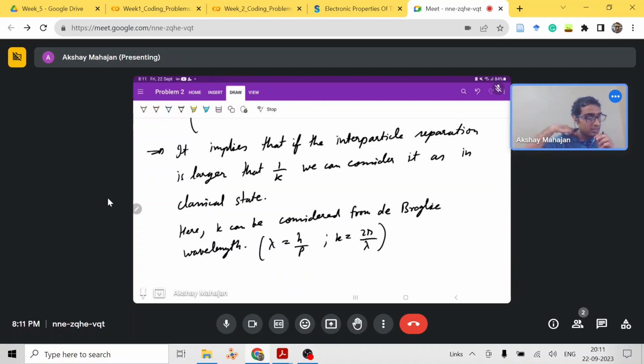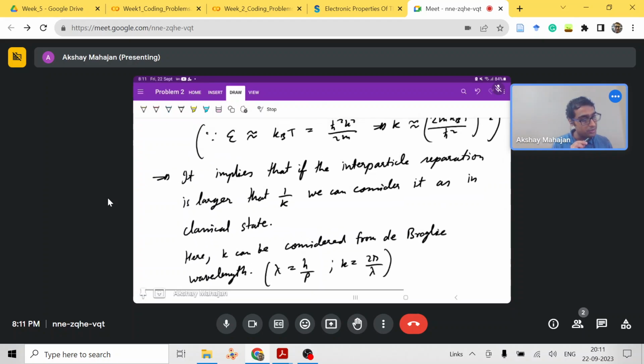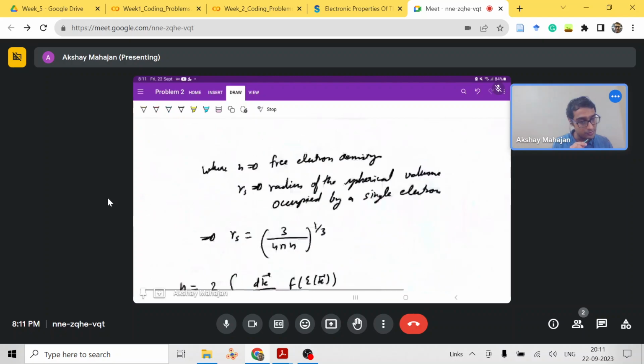So basically what we are saying is that if the interparticle separation is larger than this de Broglie wavelength, then we can say that the particle will be in the classical state.